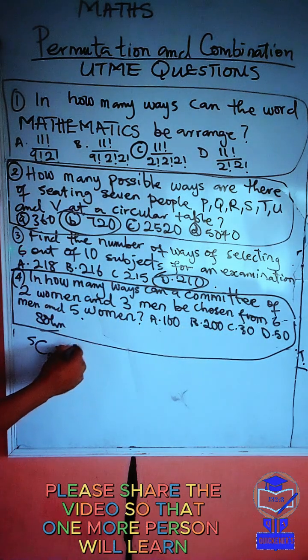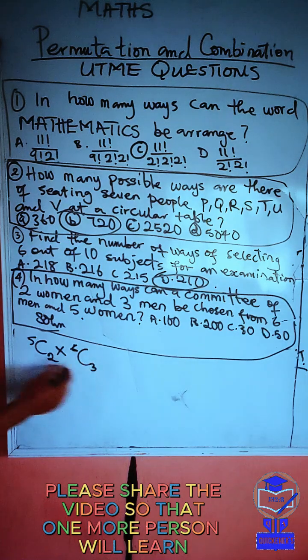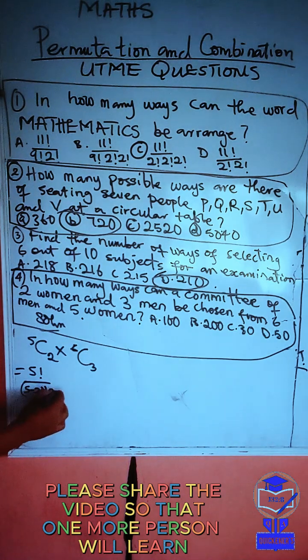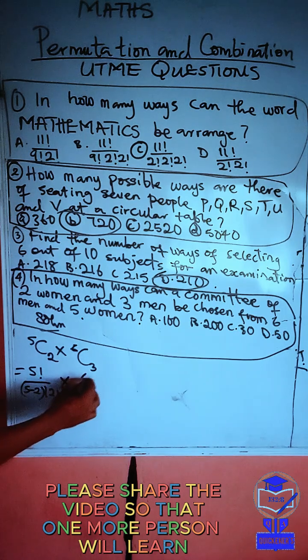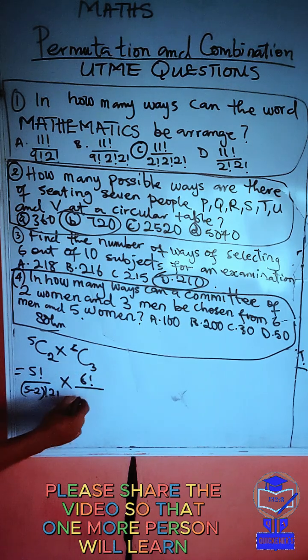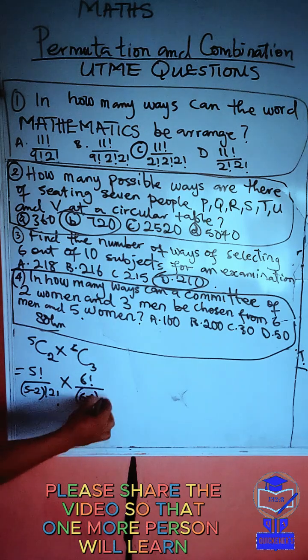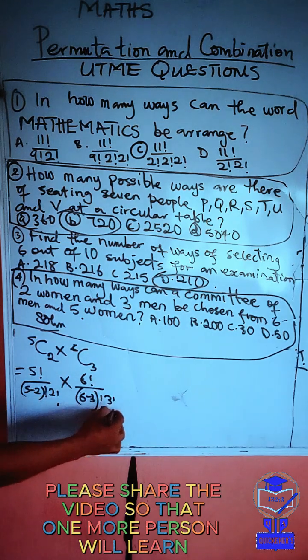That's 6 combination 3. So expressed, you have 5 factorial over 5 minus 2 factorial, then 2 factorial, multiplied by 6 factorial over 6 minus 3 factorial, then 3 factorial.